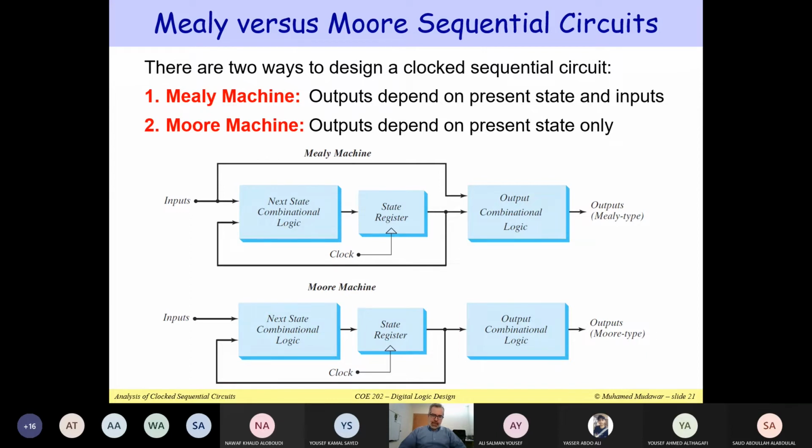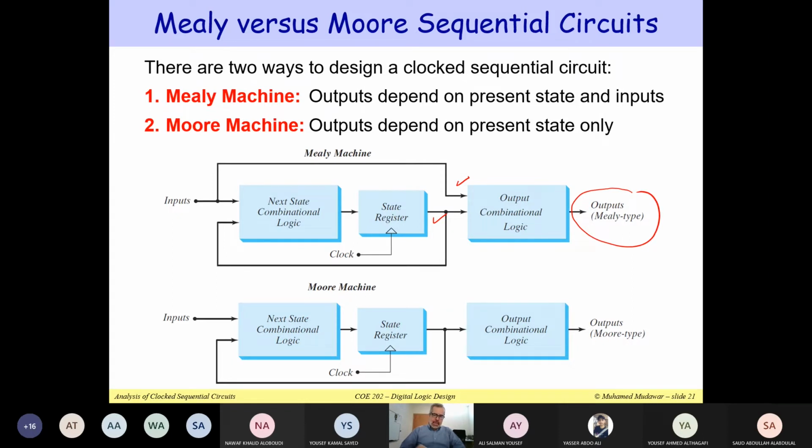In the case of a Mealy machine, you can see that here the outputs depend on the present state as well as the inputs. The present states appear at the output of the state register. The state register here can consist of many flip-flops. These are flip-flops. We call them the state register.